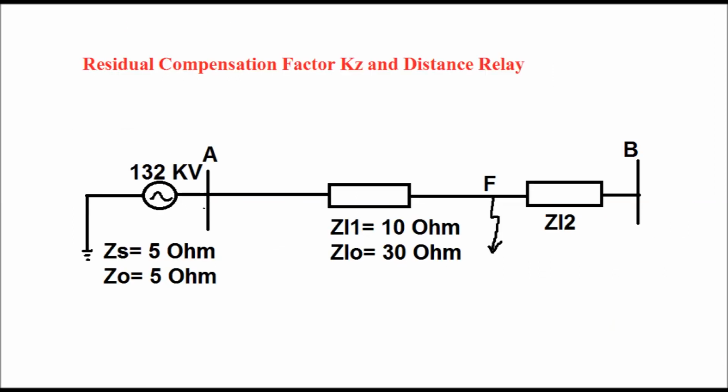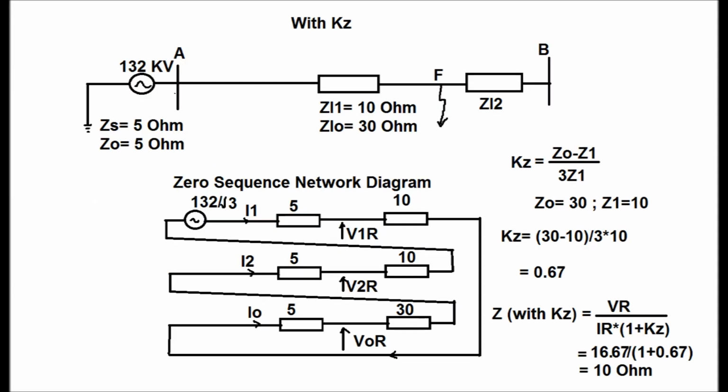Now we will calculate the distance with the value of the kz factor. Now the kz factor is considered, and for the same fault location at point F, we will calculate the distance in terms of impedance with the value of the kz factor.